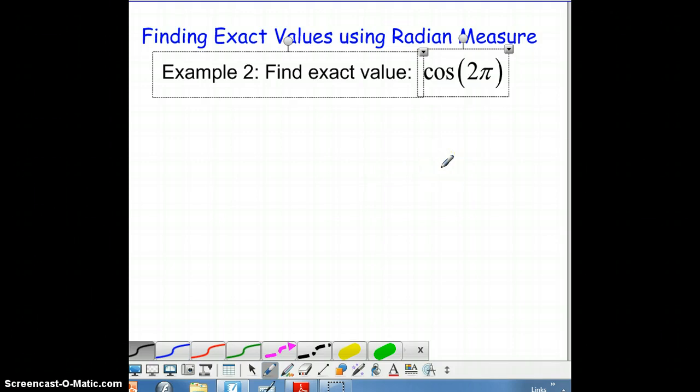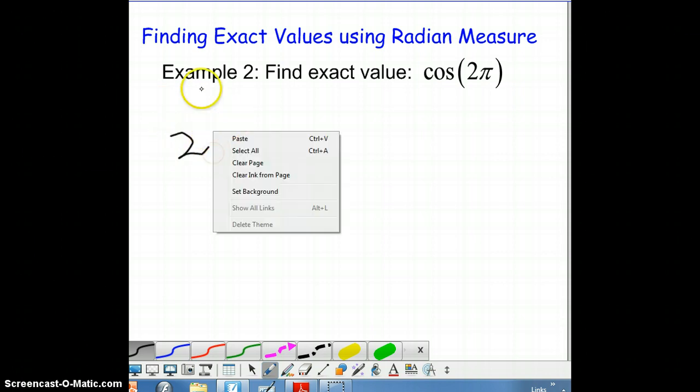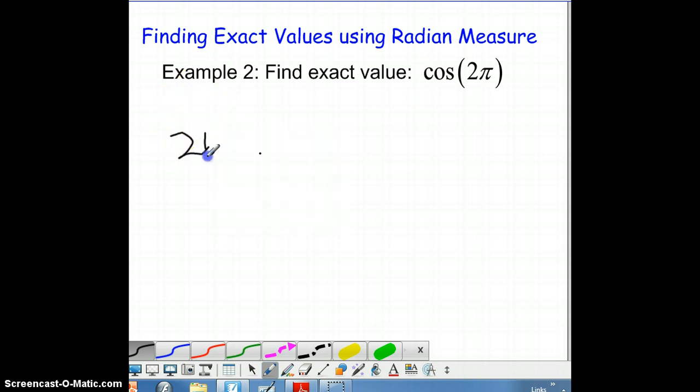So in this problem, we're asked to find the exact value of cosine 2 pi, and the first thing we need to do is convert 2 pi to degree measure. Now I'm hoping, in all honesty, that you remember what the conversion is for 2 pi to degrees, because the main conversion factor that you have to remember is that pi equals 180 degrees.